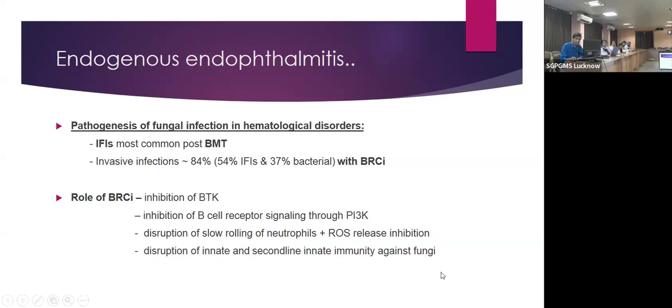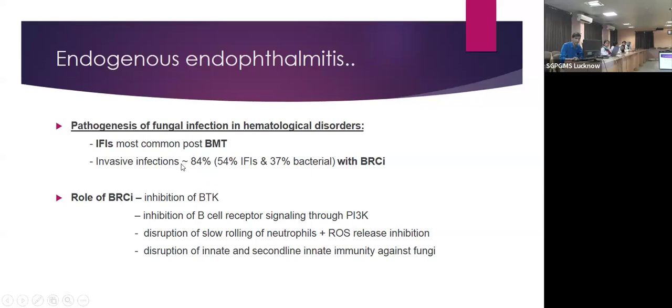And with the advent of BCRi, as you know, B cell receptor signaling inhibitors, these are the newer kind of drugs. You may correct me. After the advent of these drugs, invasive infections are very common.